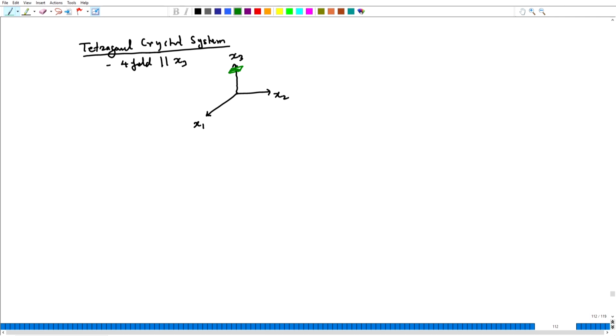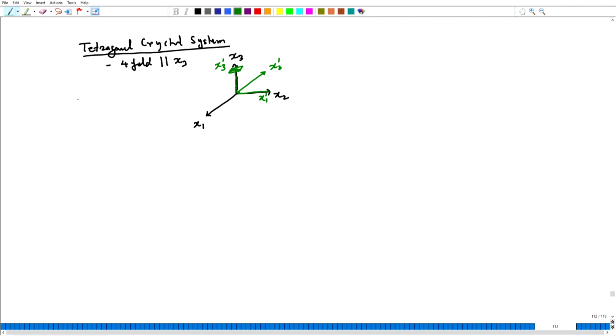See, if I do a 4-fold, it means I will do a rotation of 90 degrees. As a result, x1 prime will coincide with x2, x2 prime would be opposite to x1, while x3 prime will coincide with x3.